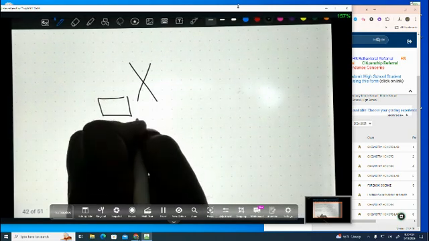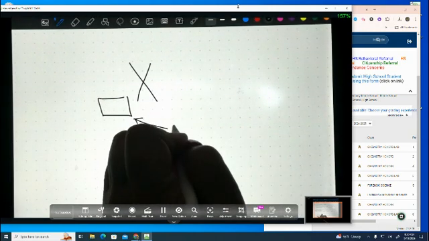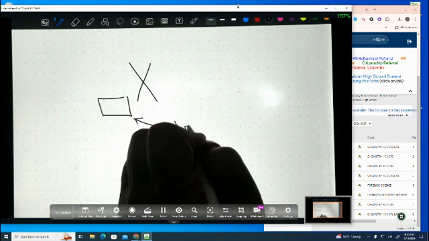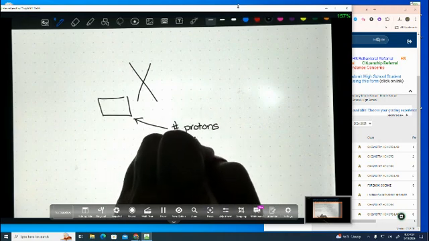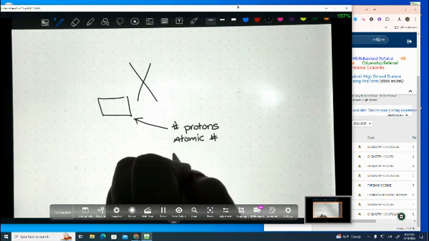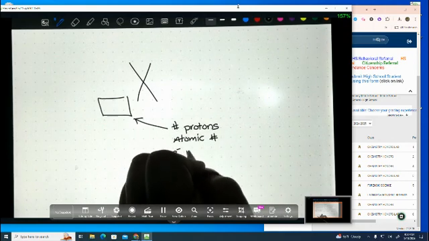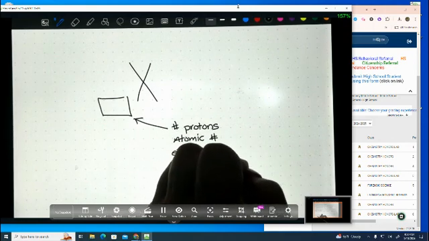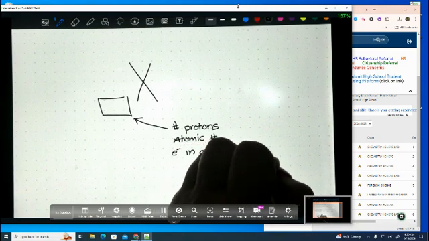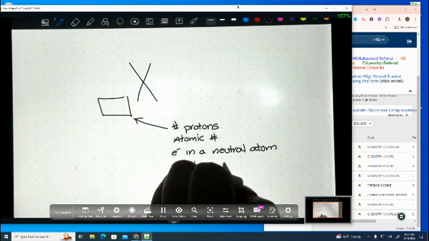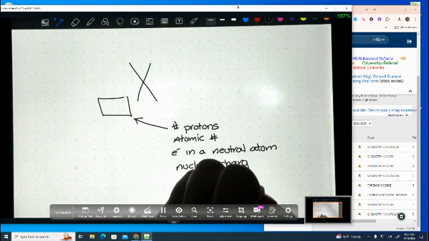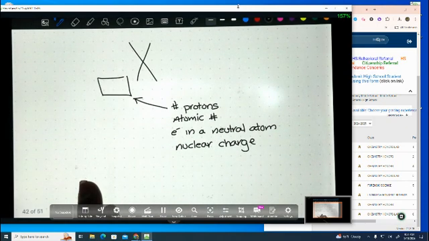Do you remember what this number stood for? It stood for the number of protons, the atomic number, the number of electrons in a neutral atom, and the nuclear charge. Okay, does that help us?